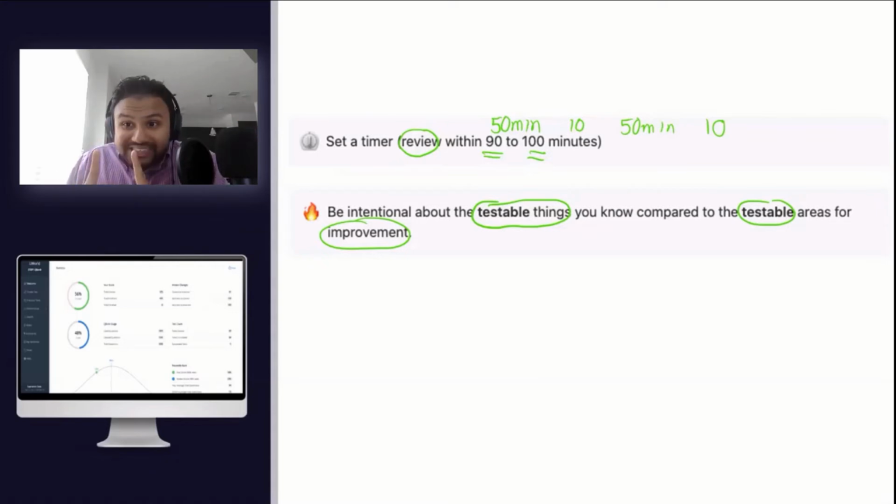Figure out what is testable, and we've talked about that earlier in the session on how to read the content, but then also figure out what testable material you're deficient at. By this portion of the webinar, it is not enough to just say, oh, I'm deficient at everything. No, you're not. You have strengths inside of you. You have potential. You just have to be a little bit more deliberate about it.